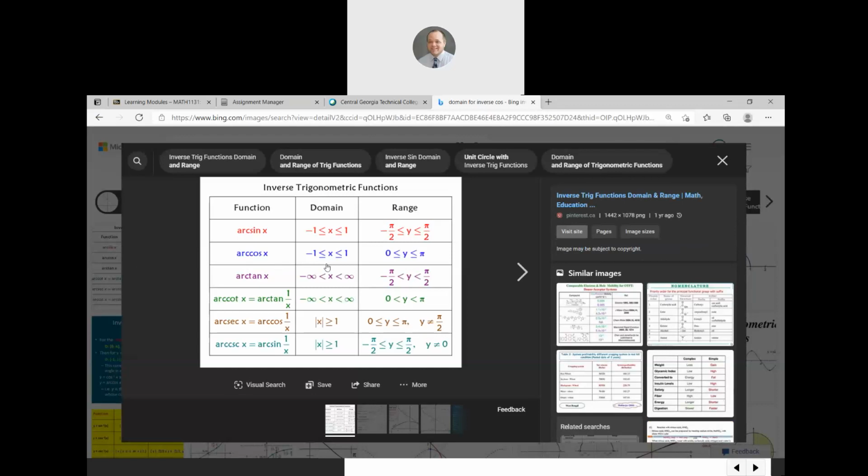Okay, so the domain is from -1 to 1, and the range is from 0 to pi. So pi over 2 is the only angle that's in our range. So that's why we did not choose or include 3 pi over 2.